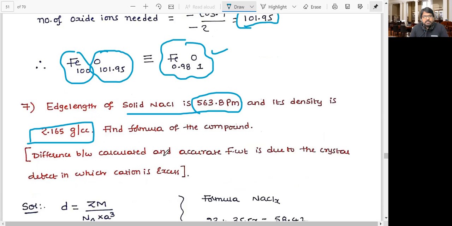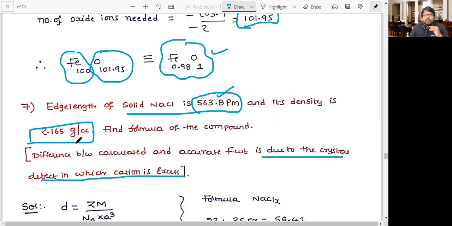You see, the difference between the calculated and accurate formula weight is due to a crystal defect in which cation is in excess. The defect is due to excess of cations. So sodium and chlorine are not the same in number. And this is the edge length, and this is the density.